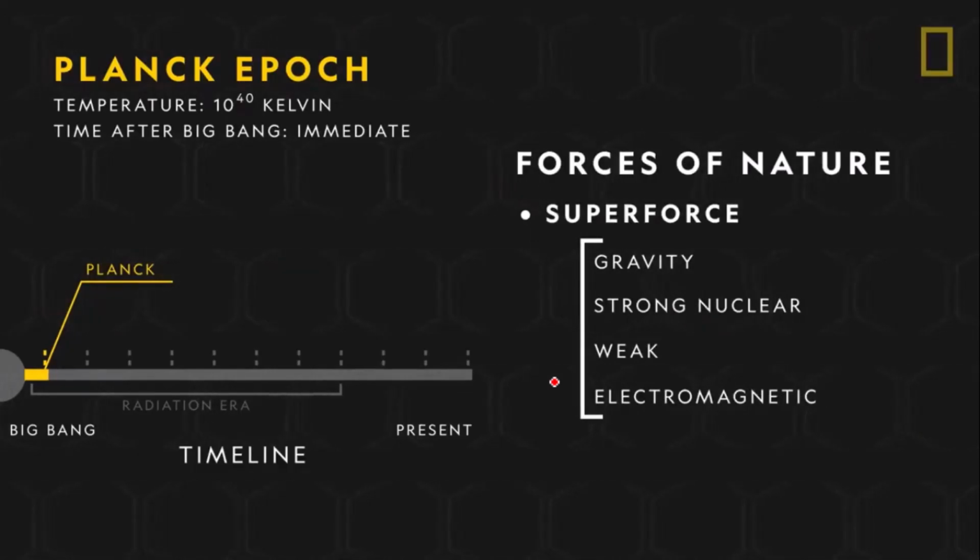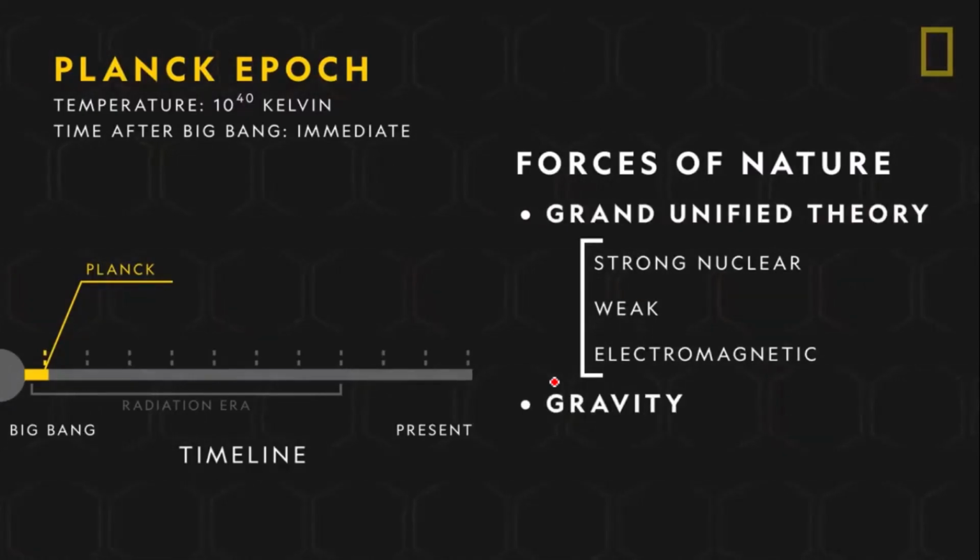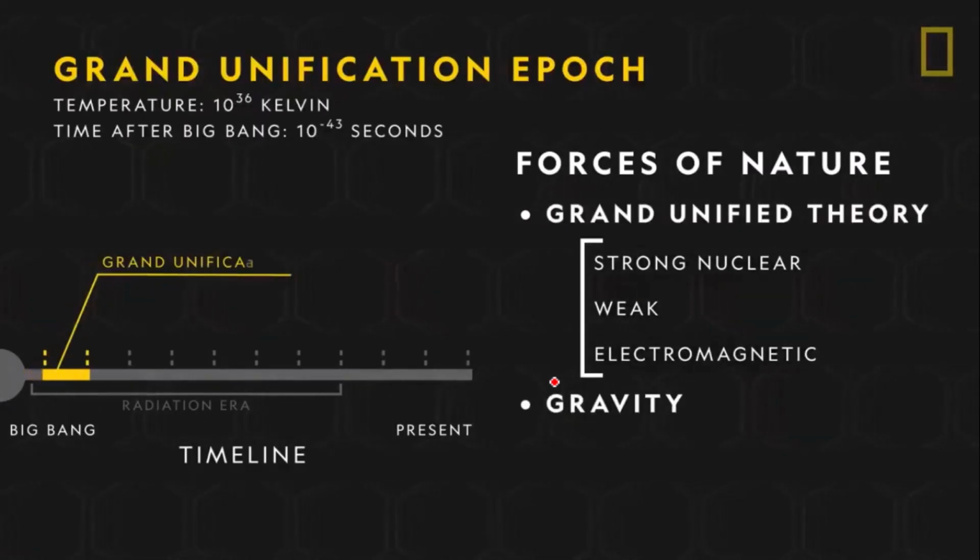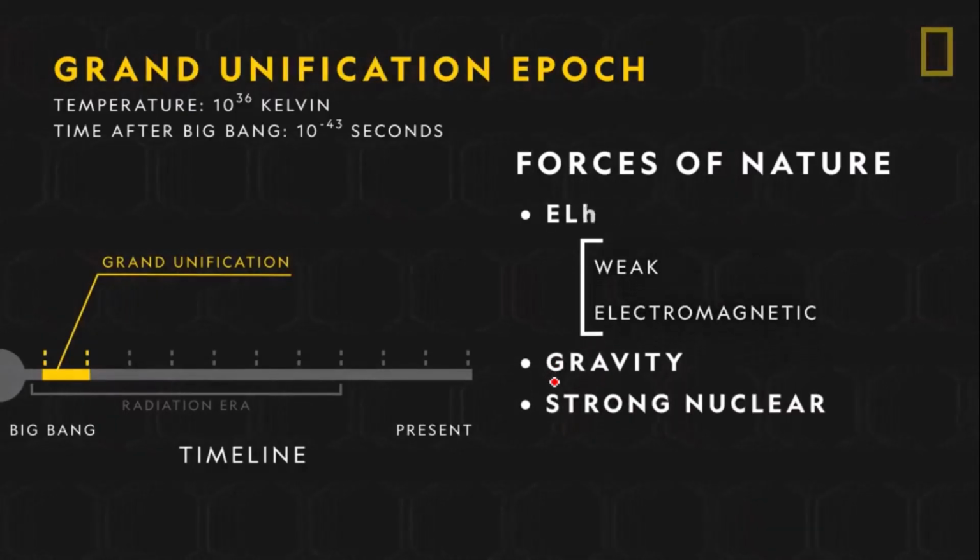At the end of this stage, however, a key event occurred in which gravity split away from the superforce. Next came the Grand Unification epoch, named for the three remaining unified forces of nature. This epoch ended when one of those forces, called strong or strong nuclear, broke away.